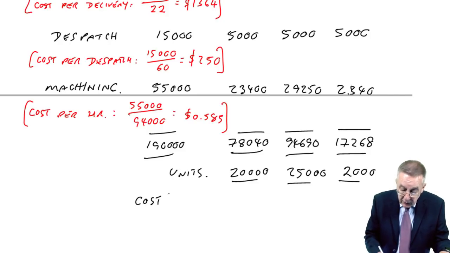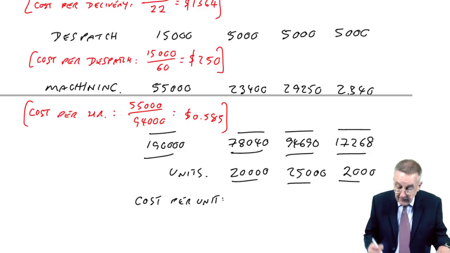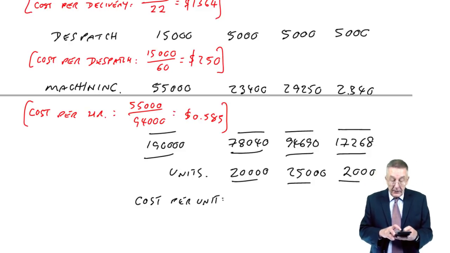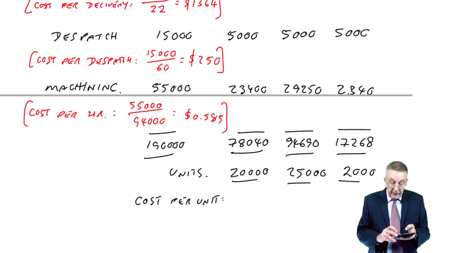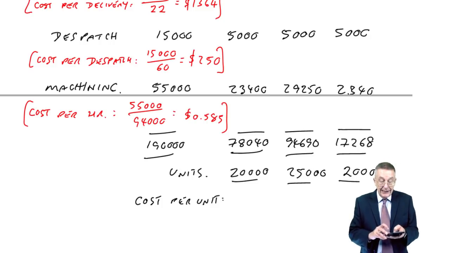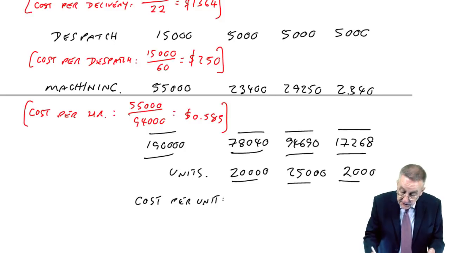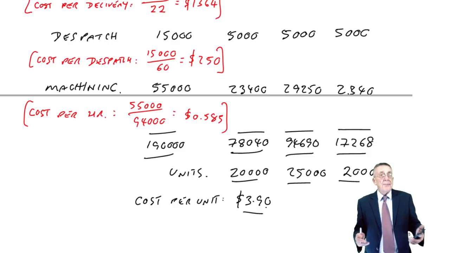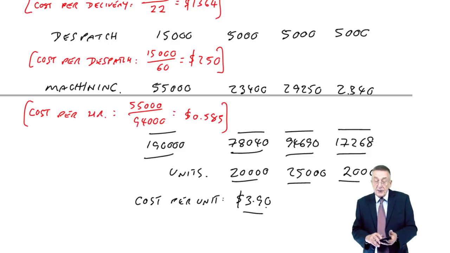And so the overhead cost per unit, we simply divide. For A, 78,040 for 20,000 units is $3.90.